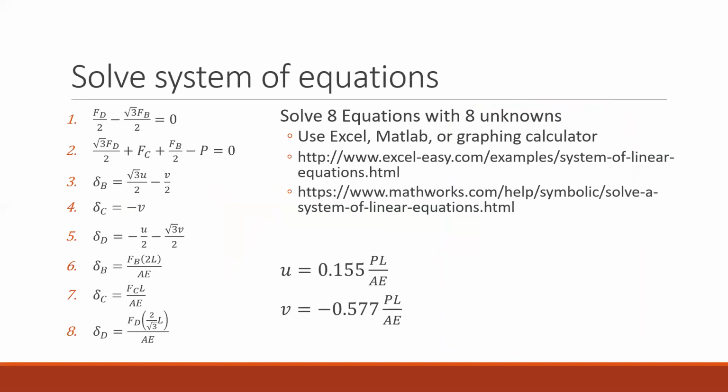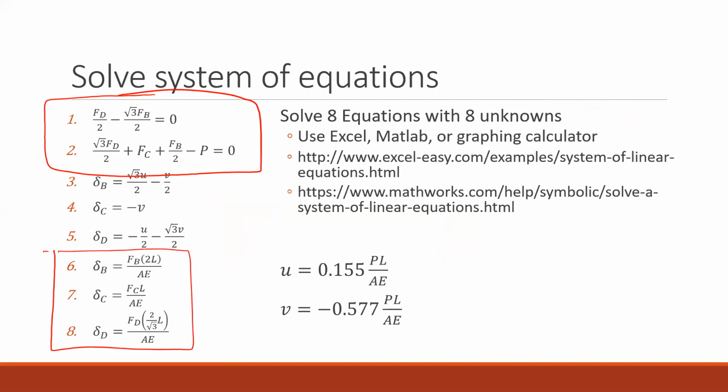And that gives me 8 equations. Equilibrium gives you 2 equations. Material relations gives you 3 equations. And then that equation that I derived very quickly gives you 3 more. That's your kinematics.